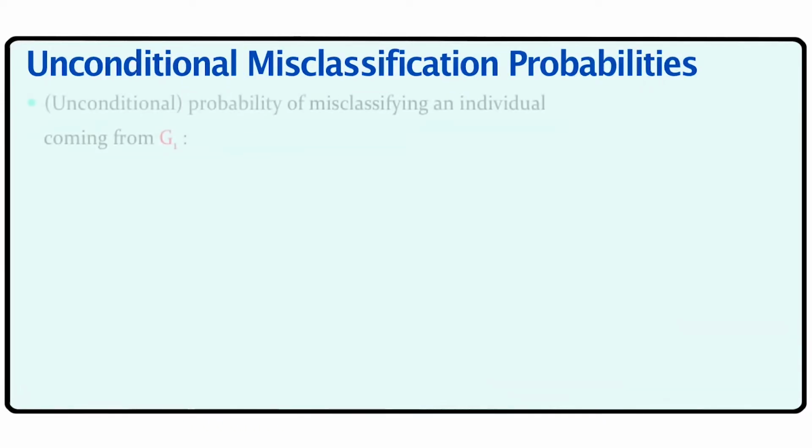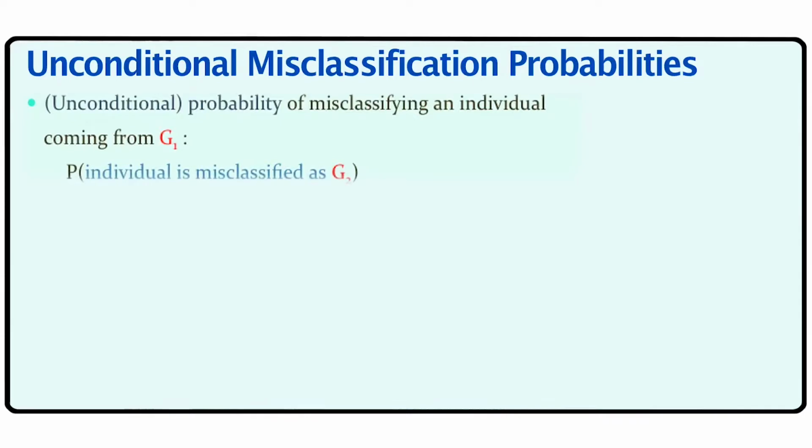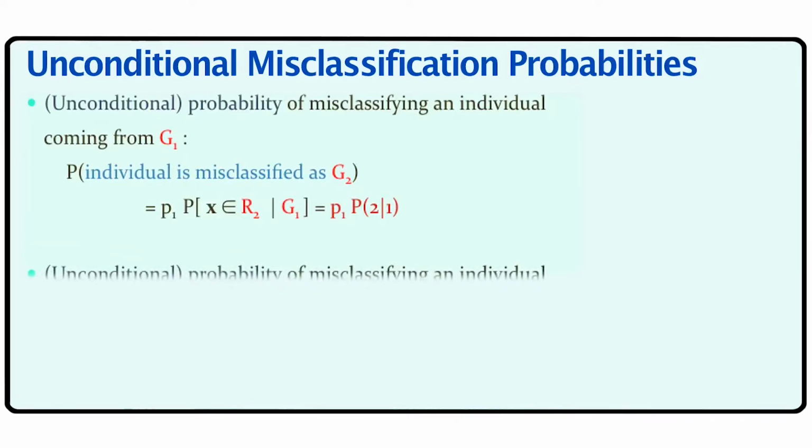To find the unconditional misclassification probabilities, the probability of misclassifying an individual coming from G1 is the probability of his lying in R2 given that he has come from G1, times the probability of his coming from G1. So it's basically an intersection of two things: the individual comes from G1 and he has been classified into the region R2.